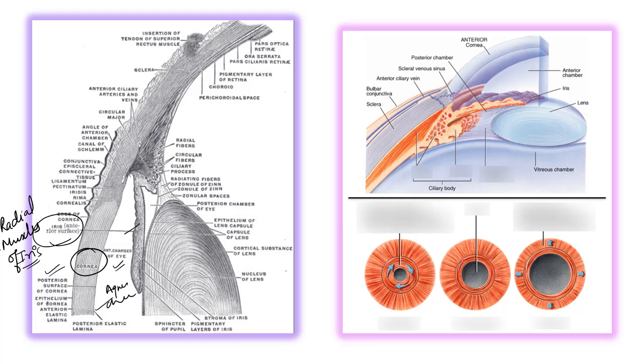The ciliary muscles are mainly of circular type, but some of them are meridional as well. So circular muscles and meridional muscles.